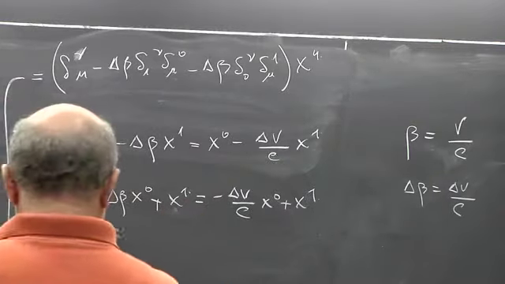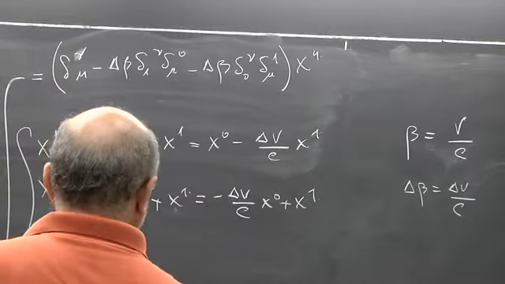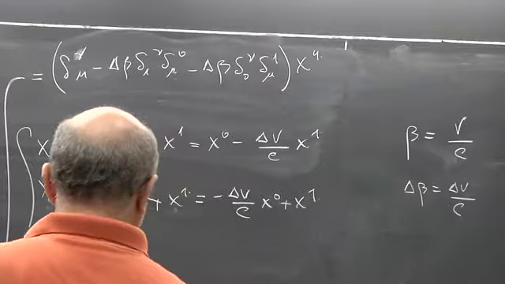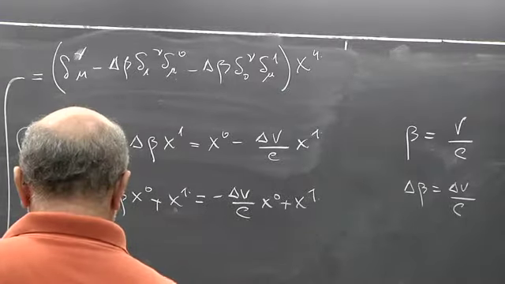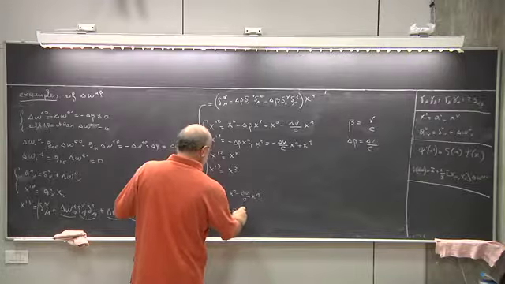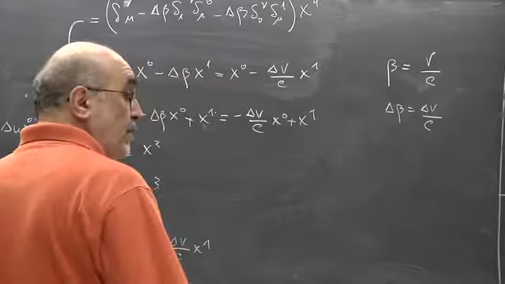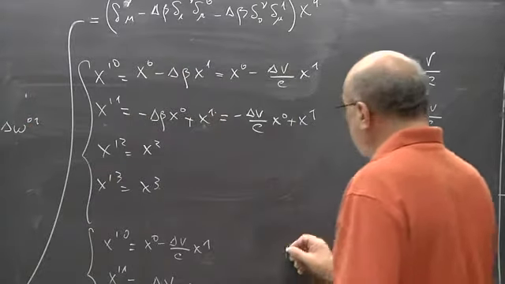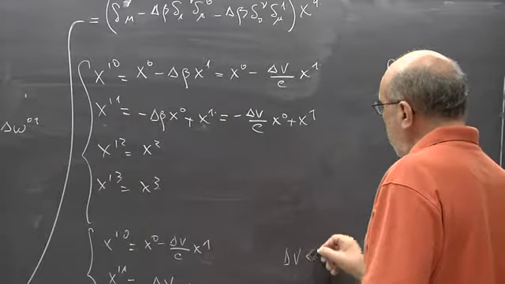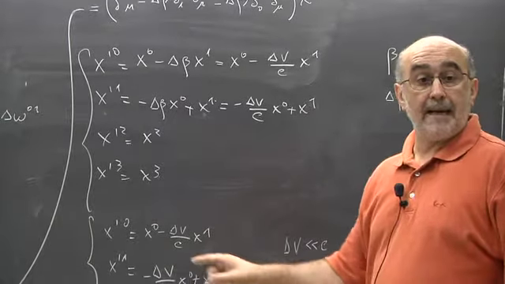This is x prime 0 equal x0 minus delta v over c x1, and this is x prime 1 equal minus delta v over c x0 plus x1. And this is a boost when delta v is very small. When delta v is much smaller than c, this is a boost. There is only the gamma.